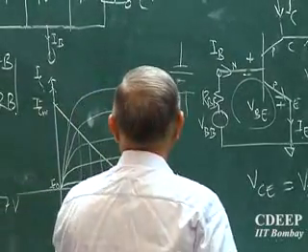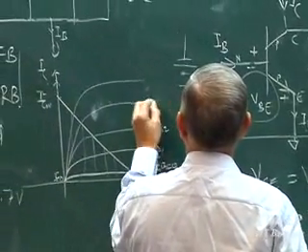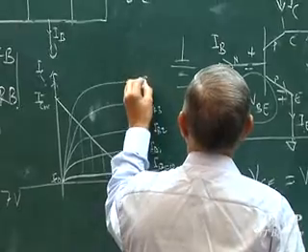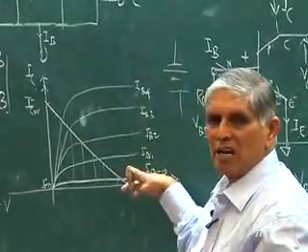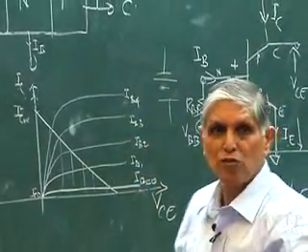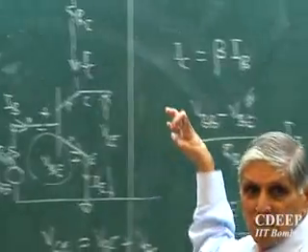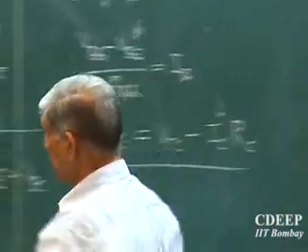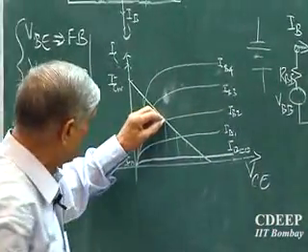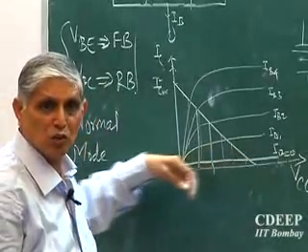This is IB1, IB2, IB3, IB4 and so on and so forth, and IBs are increasing. So if IBs are increasing, IC is increasing. If IC is increasing, VC is getting down, which is because at every IB you can see there is a different VC, reducing.